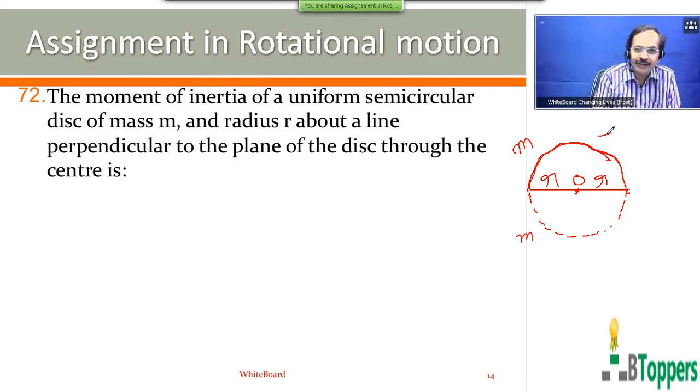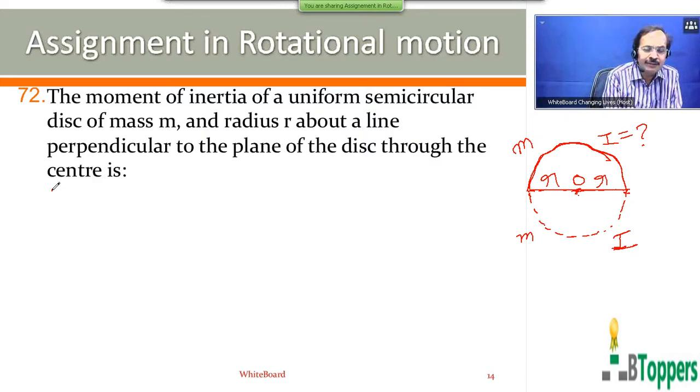Let I be the moment of inertia of each semicircular disk about the axis passing through the point O perpendicular to the plane of the disc, which you have to find. By symmetry, the other semicircular disc of the same mass m with center coinciding with the point O will also have the same moment of inertia I.